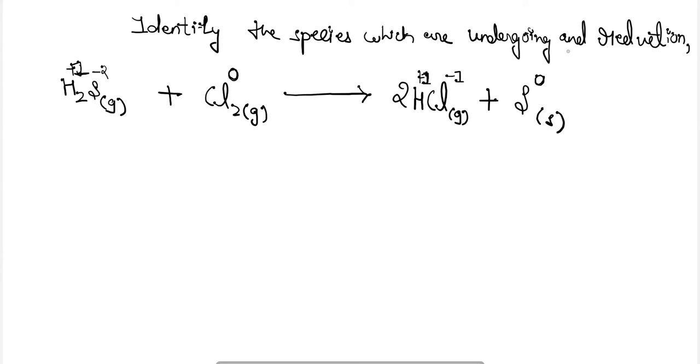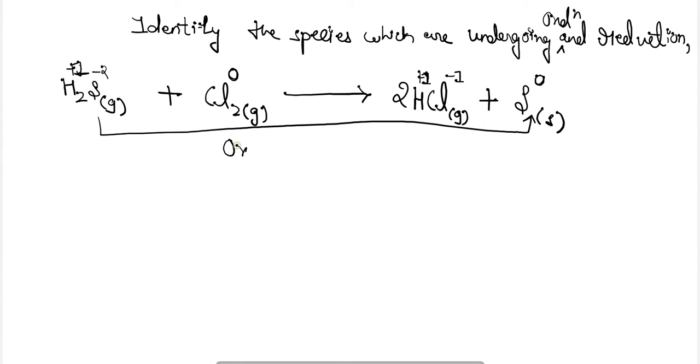Okay. So let's see for the sulfur. For sulfur, we can observe that the oxidation state has gone from -2 to 0. So it means that an increase in the oxidation state has been observed here, so it is oxidation for sulfur. While in the case of chlorine, from 0, the oxidation state has become -1.